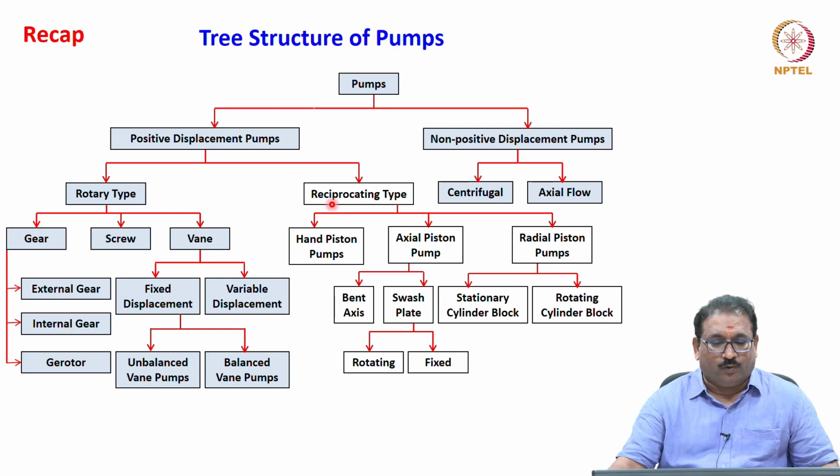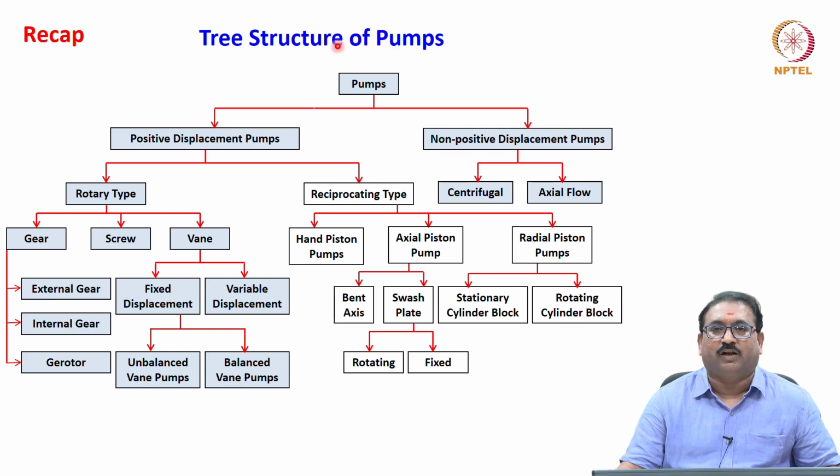Then quickly I will show you the recap of the tree structure of pumps. Whatever I filled in here, we already finished. Now in the last stage, we want to cover more on the reciprocating type, generally the piston type. They are classified into hand piston pumps and axial piston pumps. In hand piston pumps also there are varieties, which we will discuss today.